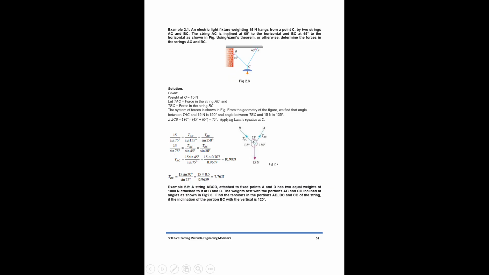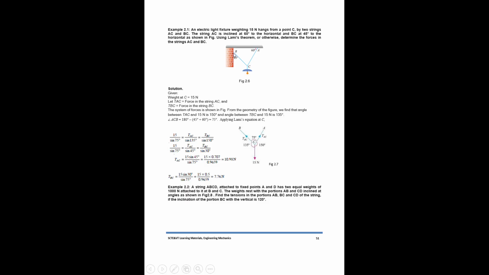The string AC is inclined at an angle of 60 degree to the horizontal, and BC is inclined at 45 degree to the horizontal as well as vertical. Using Lami's theorem, determine the force in the strings AC and BC.